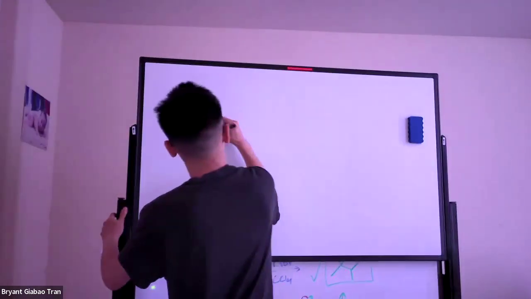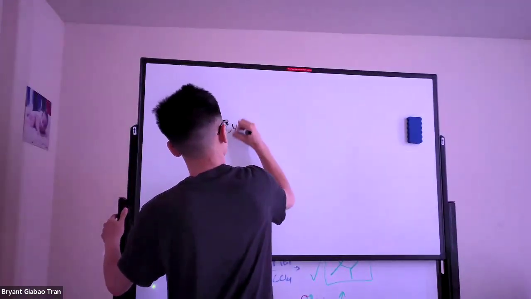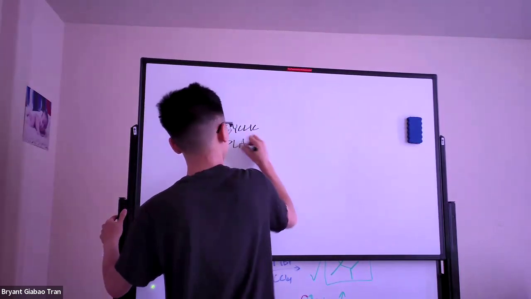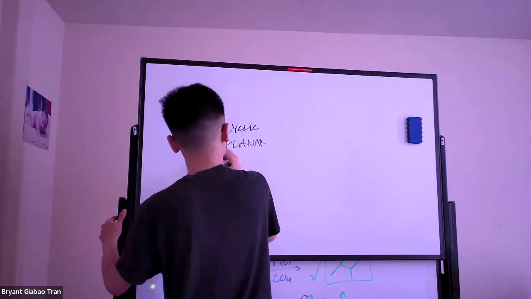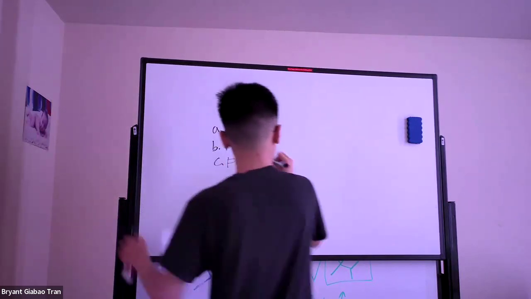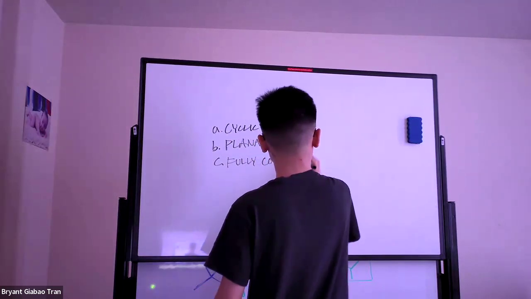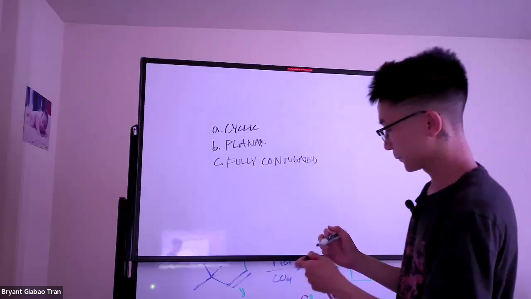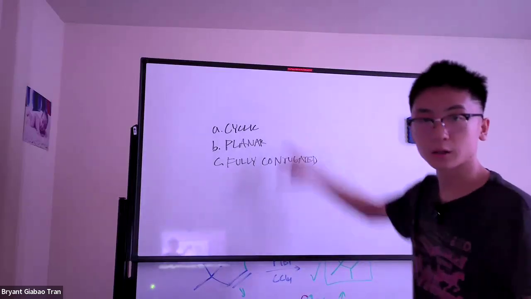It has to be cyclic. It has to be planar. It has to be fully conjugated. Right? It has to fulfill all of these three requirements to be either aromatic or anti-aromatic.